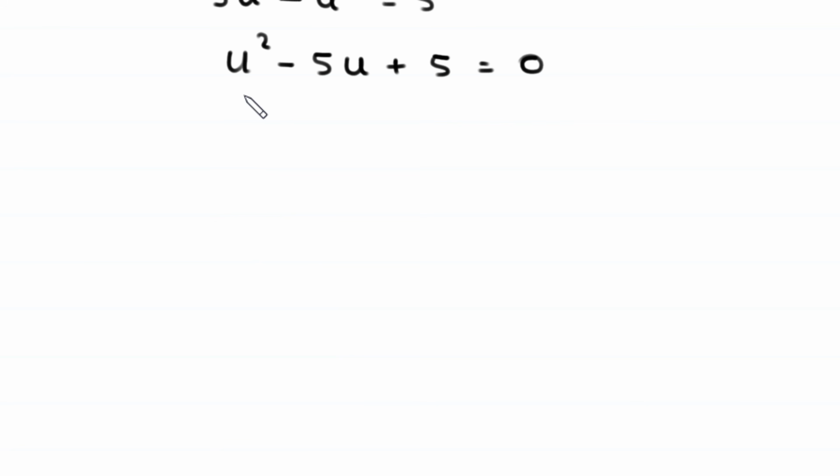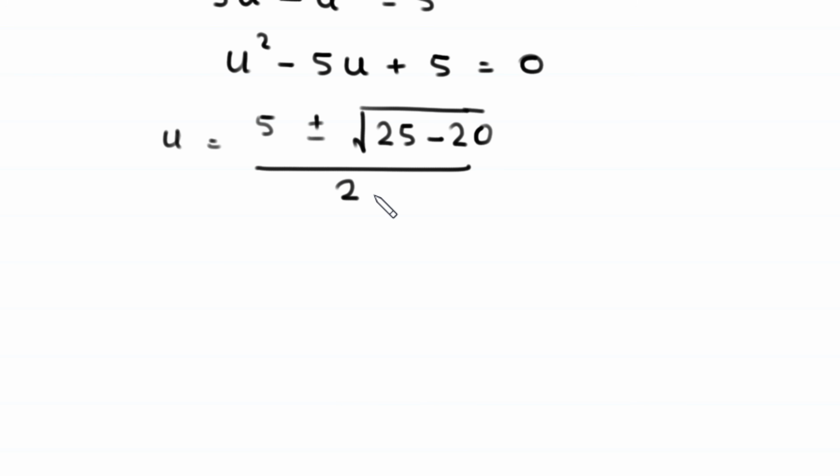Now, according to quadratic formula, u is equal to 5 plus minus the square root of negative 5 squared is 25 minus 4 times 1 times 5 is 20, divided by 2 times a is 1. Further simplify, this will become u is equal to 5 plus minus root 5 divided by 2.